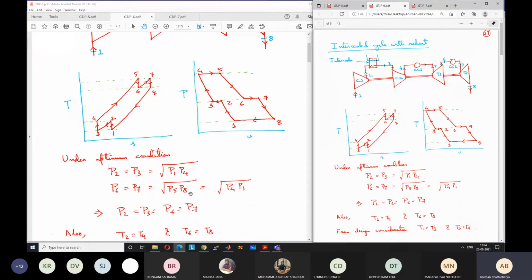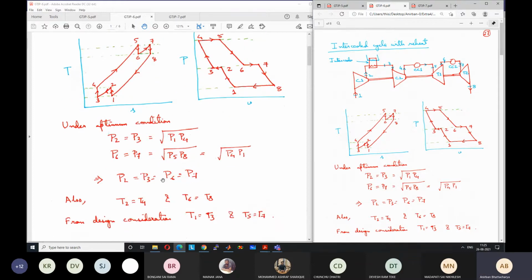Again, that we have already derived. And because P5 is equal to P4 and P8 is equal to P1, that is also equal to root over P4 P1. It means that P2 equals P3 equals P6 equals P7. So all these 4 points are on the same constant pressure line under optimum condition.